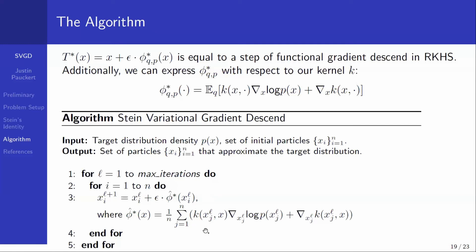And we're going to get into why this expression would work and what actually happens right there and why this is great in a second. But for now, this is what we're going to end up with. And in the end, our particles are going to approximate the target distribution, right? Whenever we decide to stop the iterations.